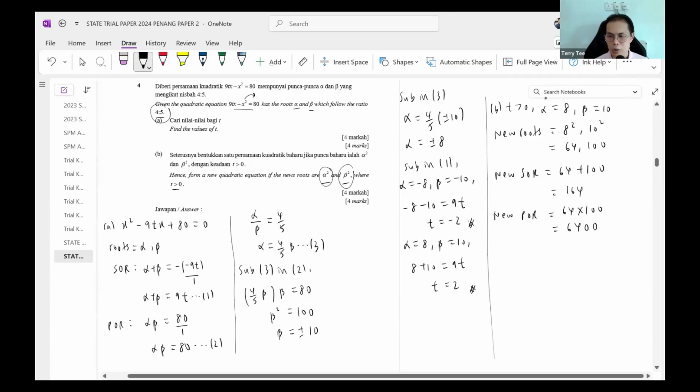Okay, now let's form our new equation. Your new equation is therefore x squared minus new SOR 164x, plus new POR 6400 equals to 0. Yeah, big number.